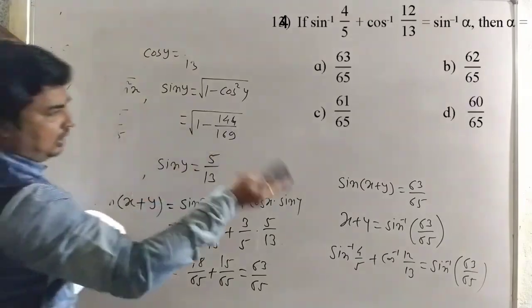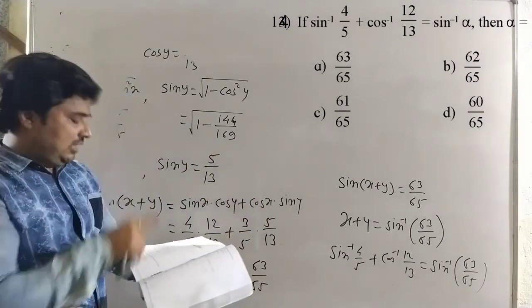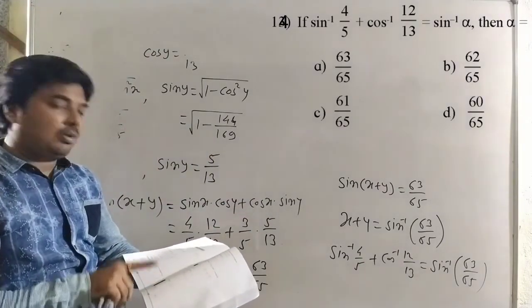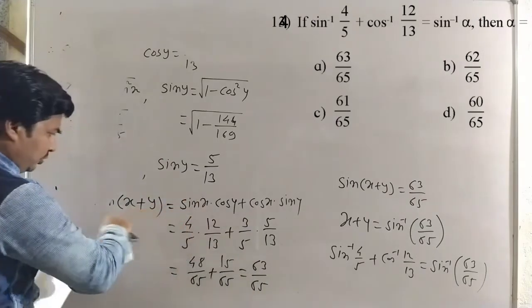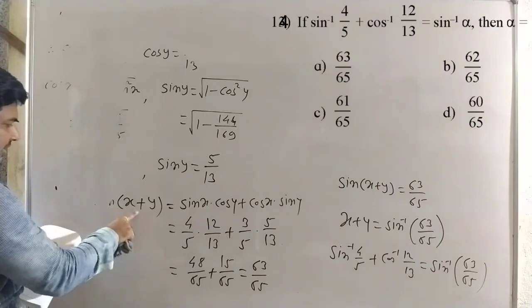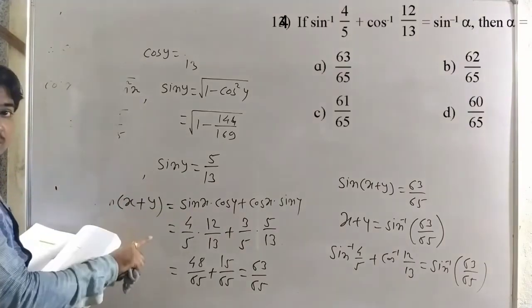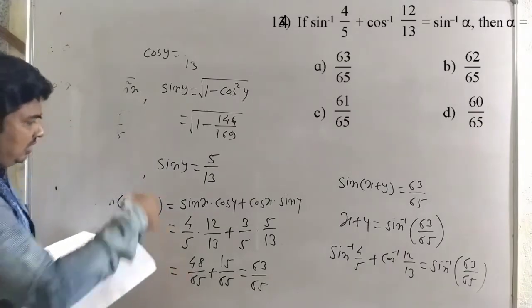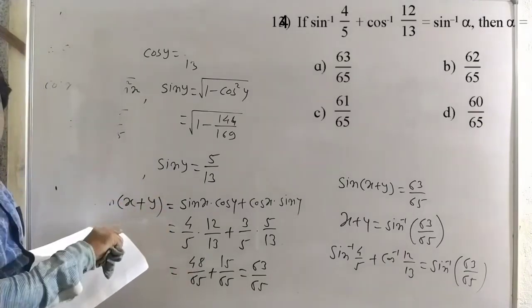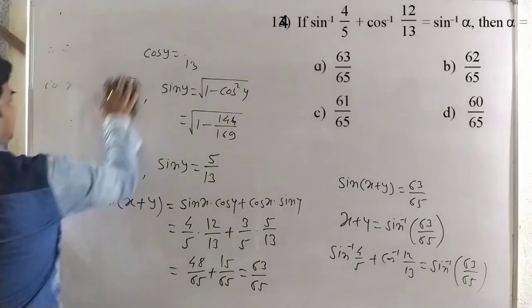In case the RHS has a sine inverse of alpha, use sin(x plus y). In case the RHS has a cos inverse, then we use the formula for cos(a plus b) or cos(a minus b).